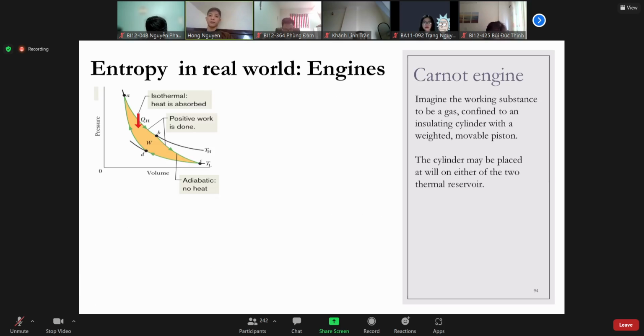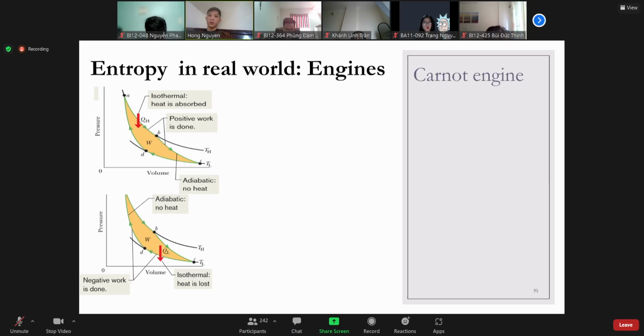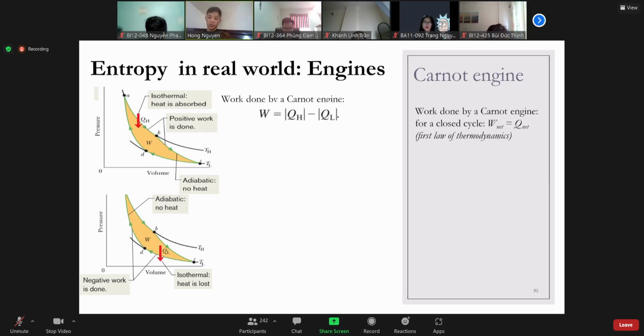What do we have else? This thing I already explained, okay? What we need to pay attention to is the work done by the Carnot engine, because this is what we need for an engine, right? The work. For a closed cycle, we know that the net work done by the cycle equals the net heat provided to the cycle, right?